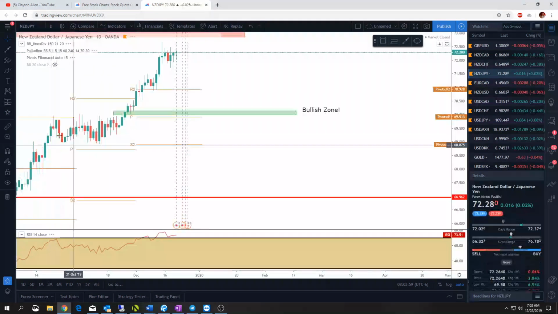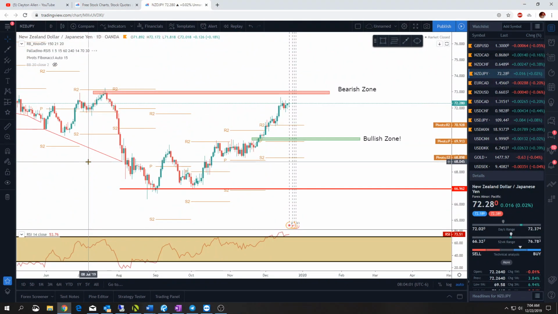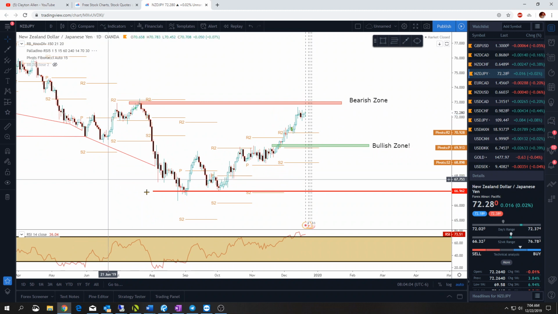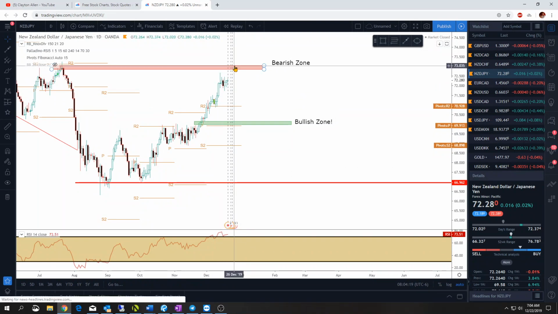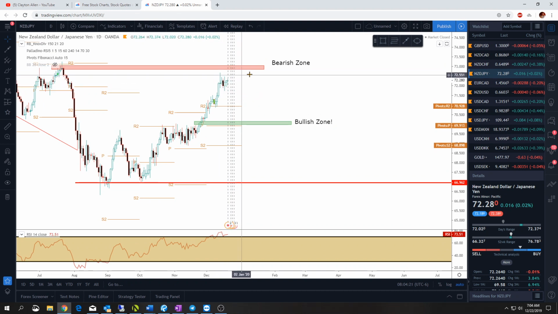All right, New Zealand dollar, Japanese yen. All right, here we go. The New Zealand dollar's just been kicking everyone's butt. So we have this bullish move. I'm not necessarily bearish till we get to this former resistance area. Price looks like it might get there, and I'll go ahead and draw out here what that would look like.